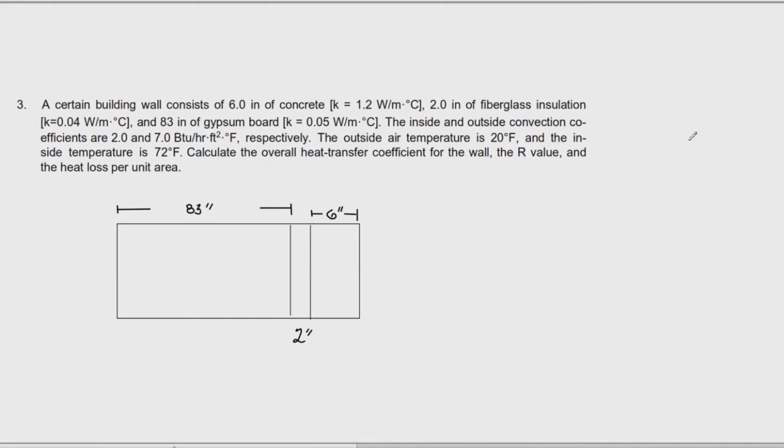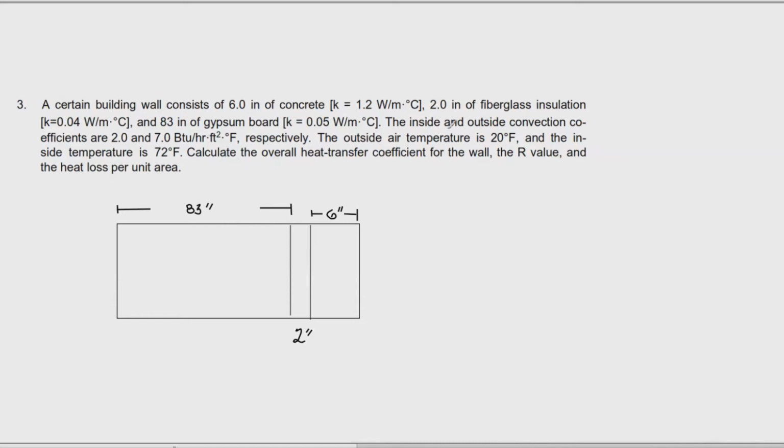Now I've redrawn this figure, it's more pleasing to the eye, I guess. So this is the inside concrete, then this is the fiberglass, and then the most outside portion would be the gypsum board. And this is not to scale, since this one is very large compared to the first two.